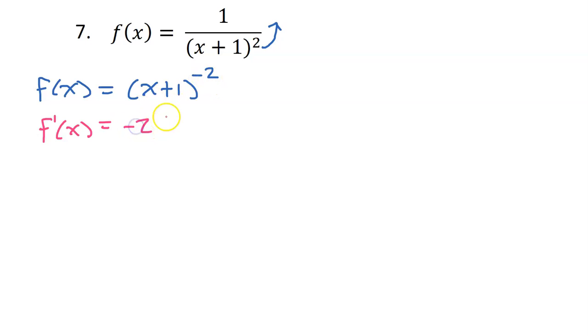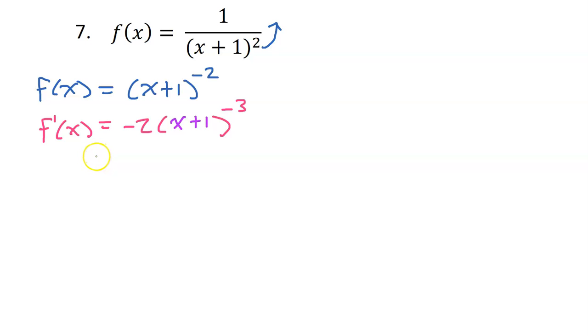So I'm going to put this -2 in the front. I have to subtract 1 from the exponent, so I will have -3. But then I have this stuff inside, x plus 1, and technically I need to multiply by the derivative of the stuff inside, but that would actually be 1 in this case, so we can just ignore that. So there is your derivative.